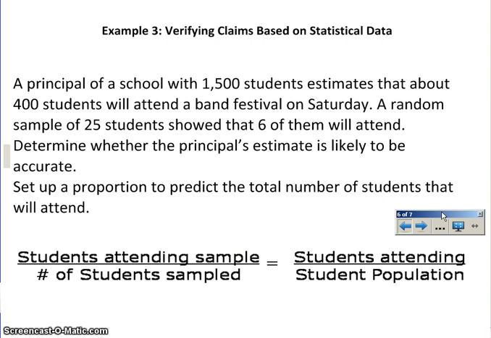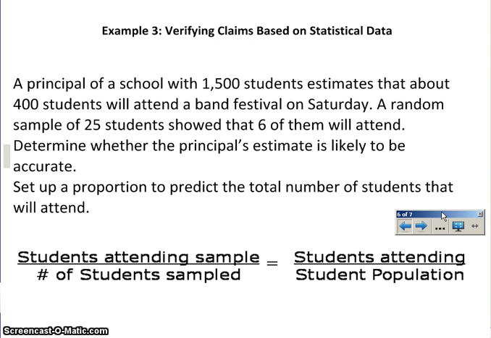A random sample of 25 students showed that 6 of them will attend. Determine whether the principal's estimate is likely to be accurate. So what we need to do is take our sample of 25 students, and knowing that 6 of those 25 students are going to attend, we need to put in a proportion relating it to the total amount of students in the school.